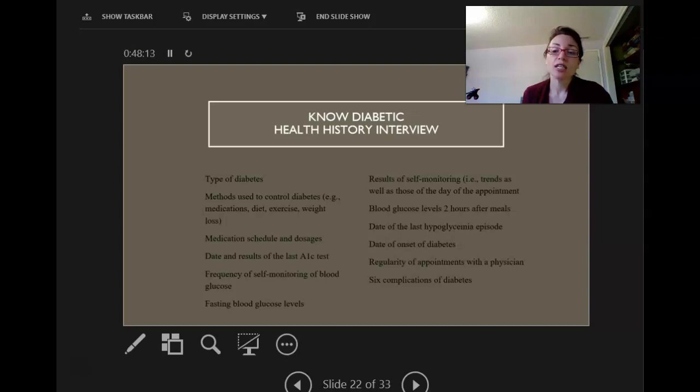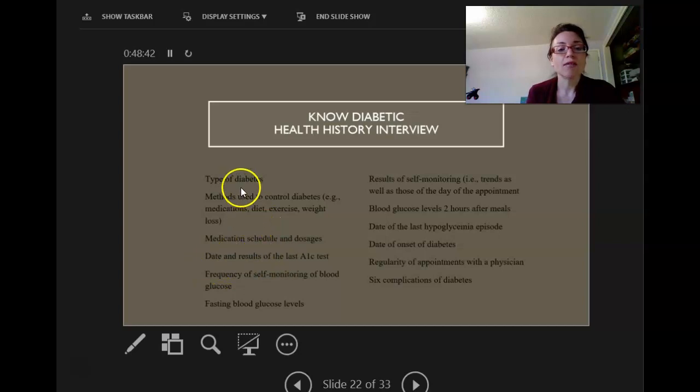Basically, when you have a patient come into your chair and you determine that their blood glucose levels are too high, then that's when you decide to consult with a physician, defer treatment, or refer to the physician. So you may call the physician, ask questions, delay treatment, or you may refer them immediately to a physician.